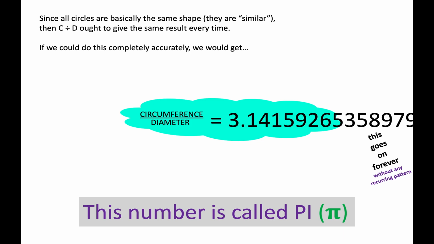And that number is called pi. It's just a Greek letter, the letter of the Greek alphabet that's equivalent to the English letter P. So it's just the lowercase symbol of the letter that makes a P sound in the Greek language. So it's pronounced pi in the English language, and it stands for this number 3.14159265358979, and that goes on forever without any repeating pattern. So just pause the video there, get those notes down neatly in your book, and then when you're ready, move on.